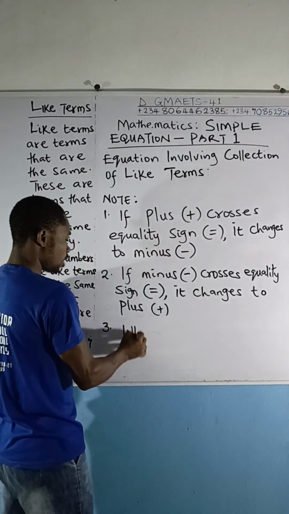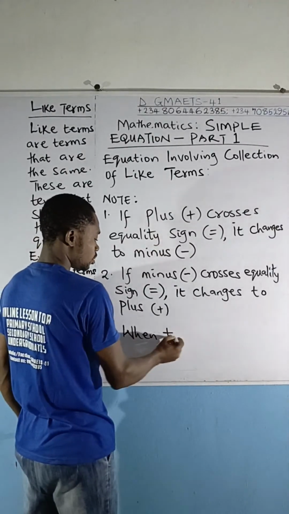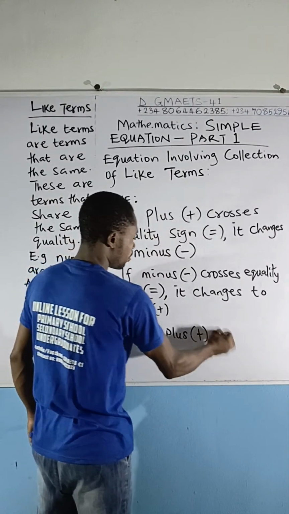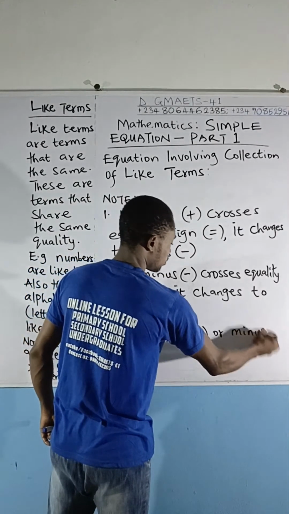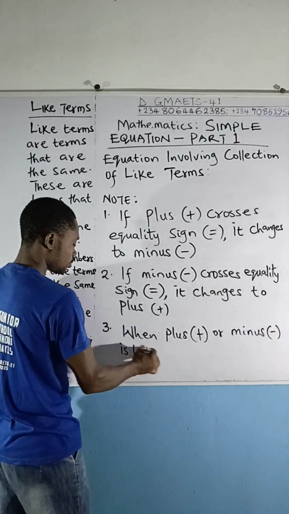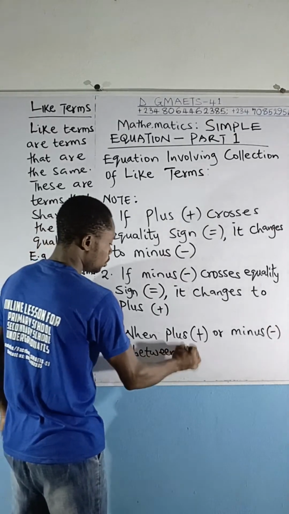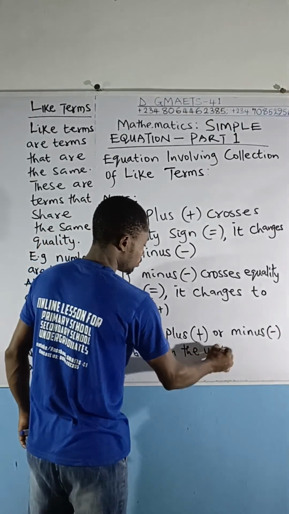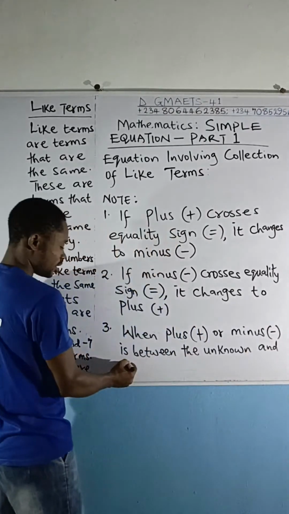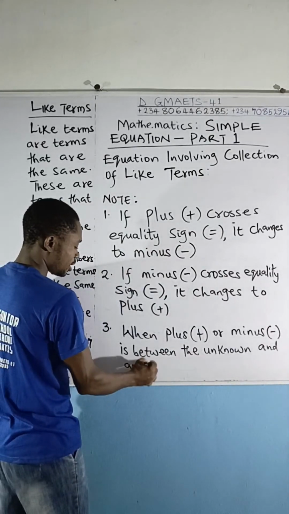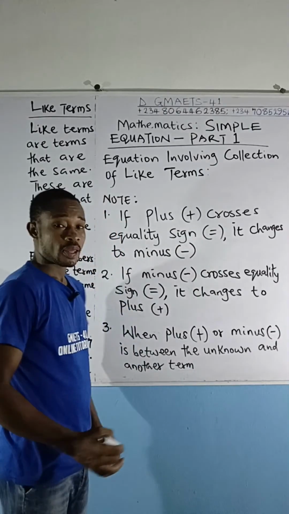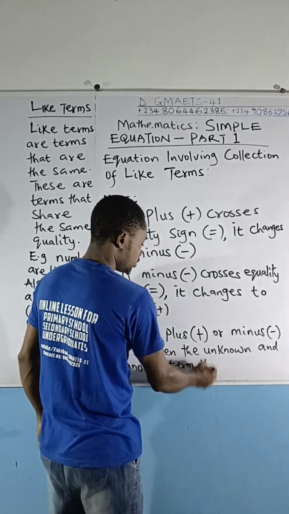When plus or minus is between the unknown and another term, you collect like terms.